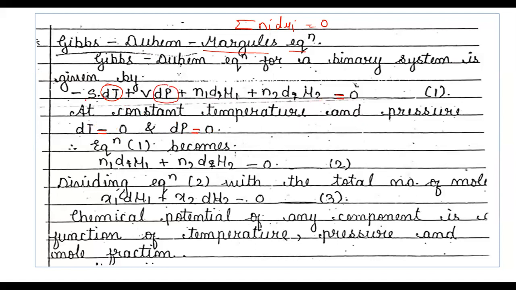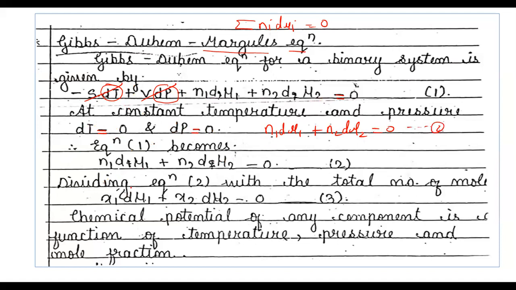So these two terms get cancelled. Therefore we can write the equation now: N1 d mu1 plus N2 d mu2 equal to 0. This is also the Gibbs-Duhem equation, and this is equation 2.